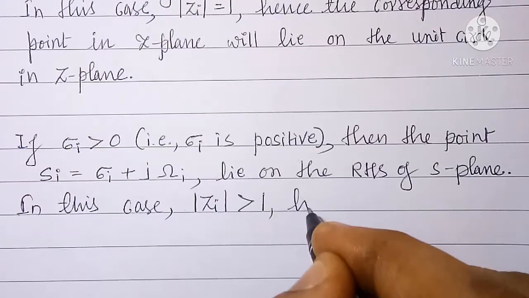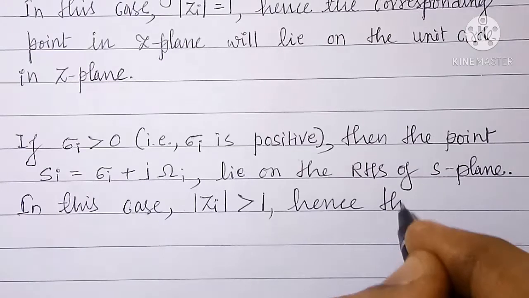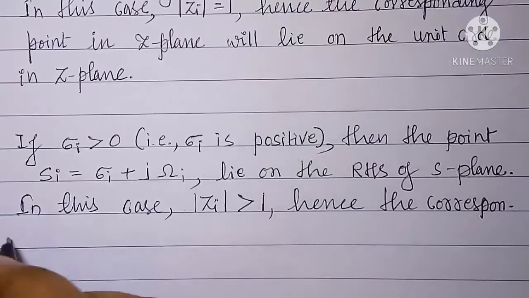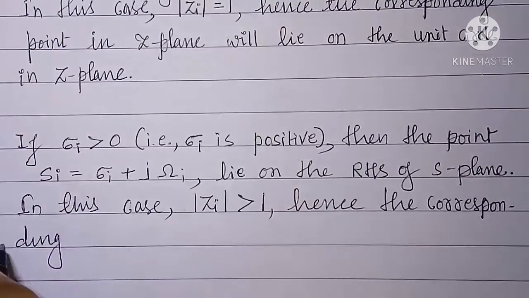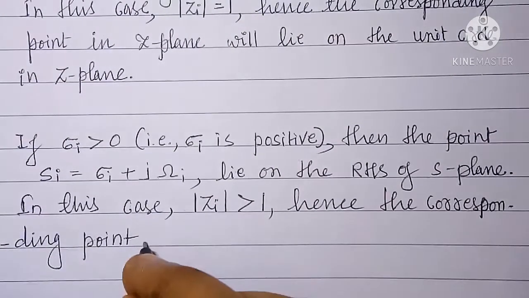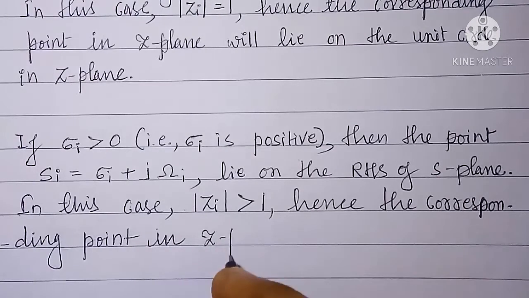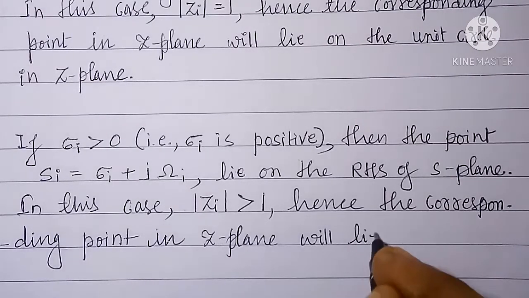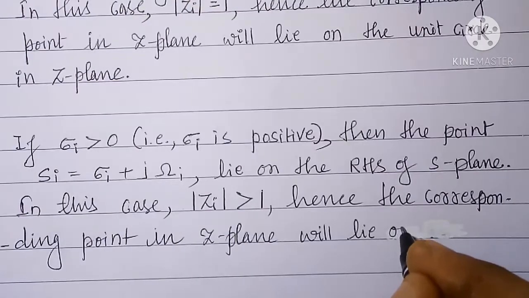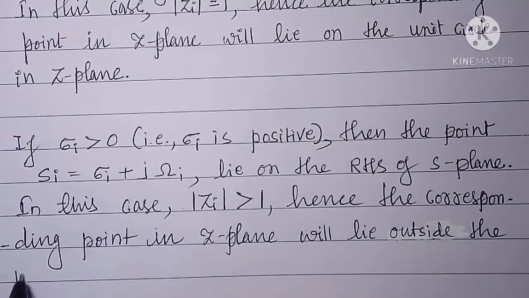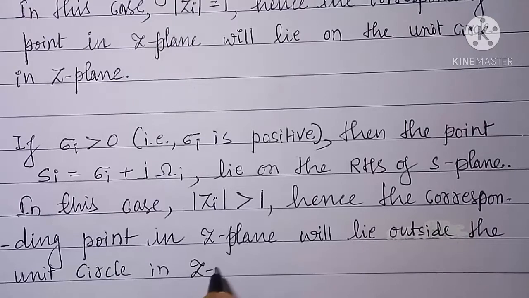Hence, the corresponding point in Z plane will lie outside the unit circle in Z plane.